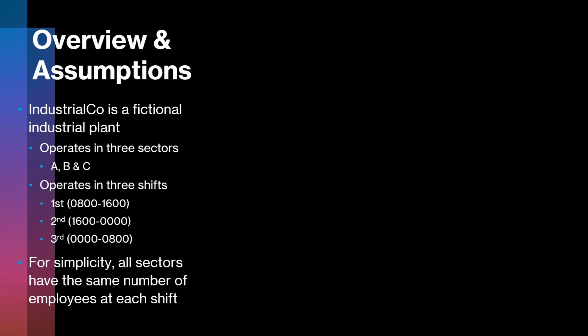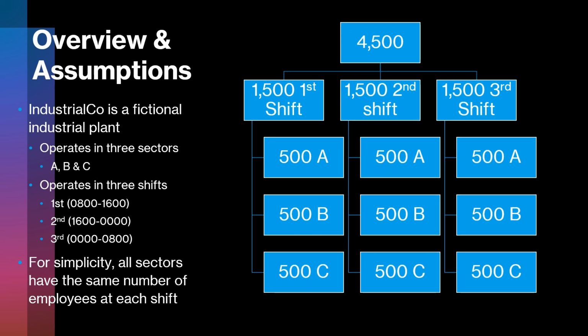And we will also say that there are equal numbers of employees distributed in each sector and each shift. We will say that IndustrialCo has 4,500 employees and that each shift has 1,500 workers. So there are 500 employees working in any given sector at any given time. I did this to make the analysis easier to understand as we explore trends in the data.